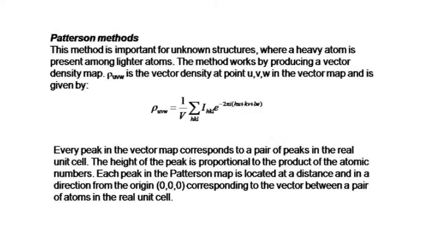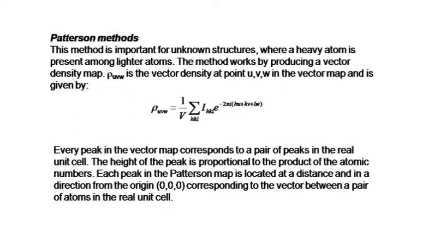More useful and more commonly used are things like the Patterson methods. Okay, so the Patterson method is suitable when you have a heavy atom in your structure. So when would you use it?